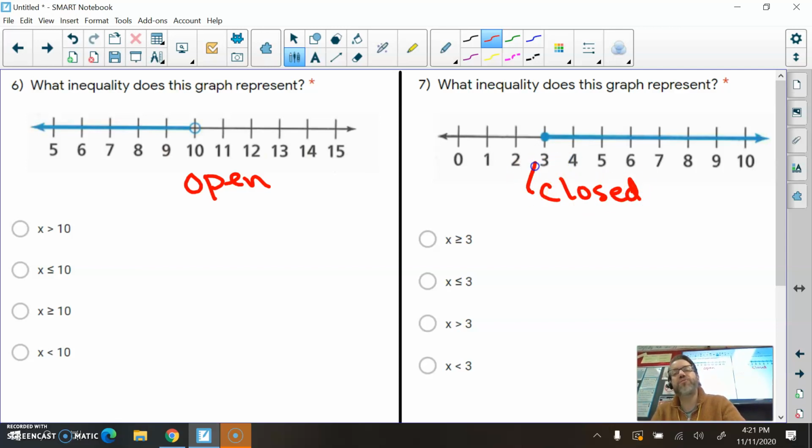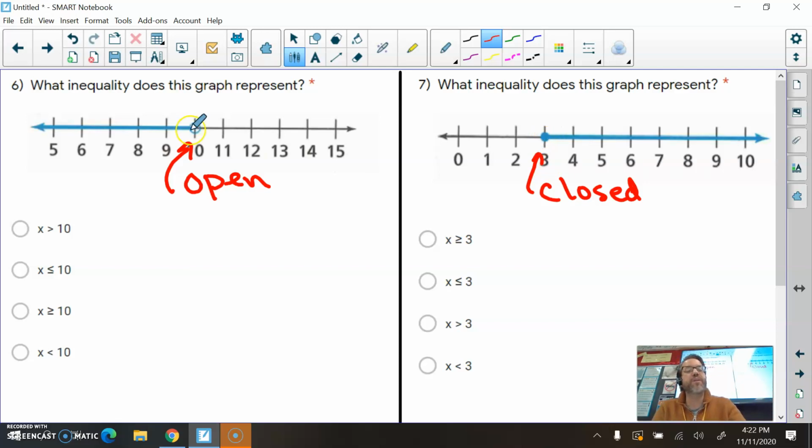So when do we use each of these? You know, if the circle is open, that indicates the number right there is not included in your solution set. But if it's a closed circle, yes, that number, in this case a 3, is included in the solution set.